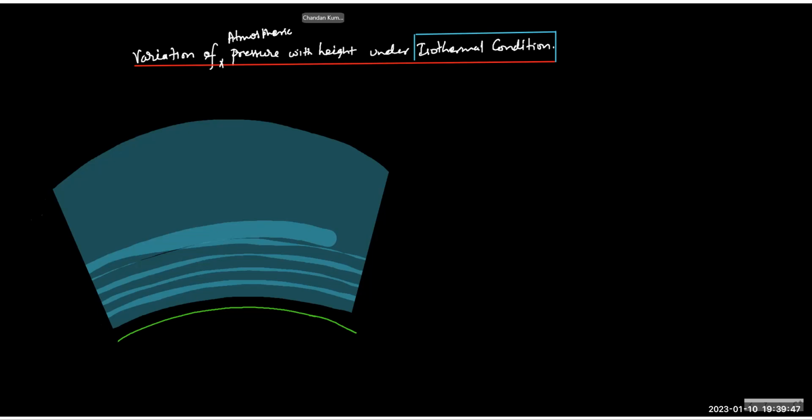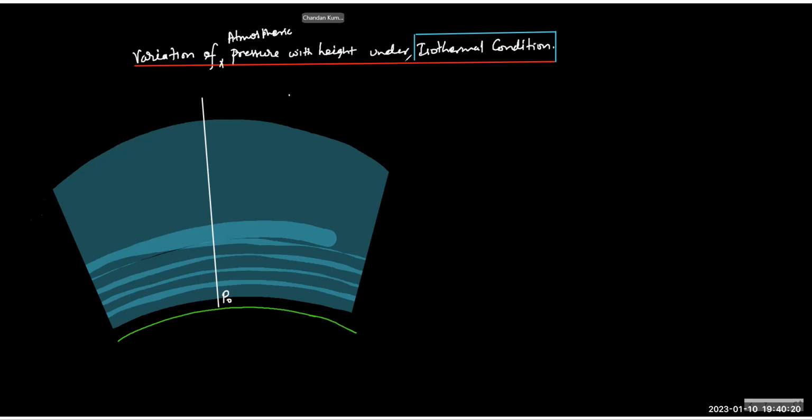So at sea level, I'm going to assume the pressure to be P naught. And now I'm interested in finding the pressure at a height h. So you can move vertically above the Earth's surface. So how do we deal with this atmosphere? As you go up, if the pressure decreases, then the density should also decrease, isn't it?